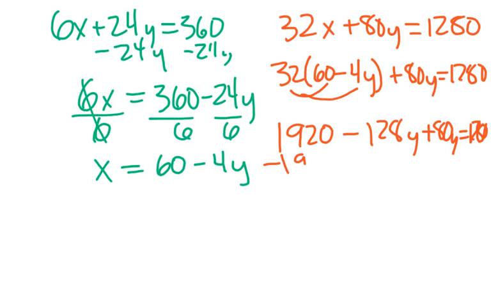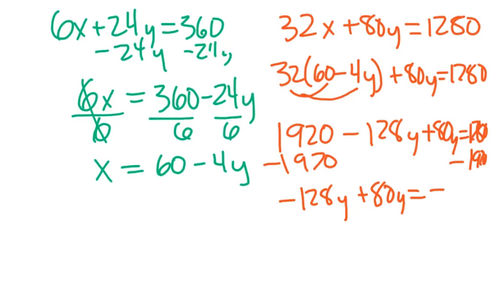Okay, could subtract 1920, get negative 128y plus 80y equals 1280 minus 1920, which gives me negative 640. Then negative 128 plus 80, because they both have y's, gives me negative 48y equals negative 640.